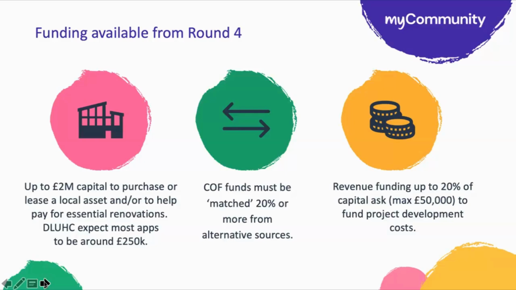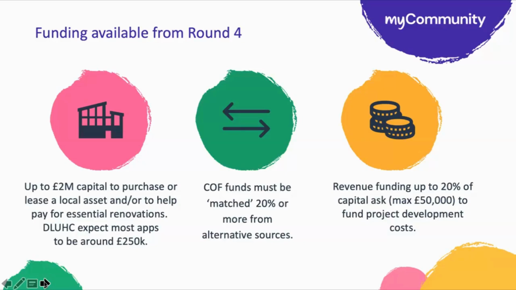That's just an expectation. So in the last round of successful applicants, of I think 45, there were 7 or 8 where the capital grant was more than 250,000, to give some idea.